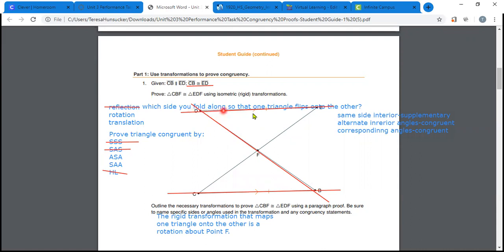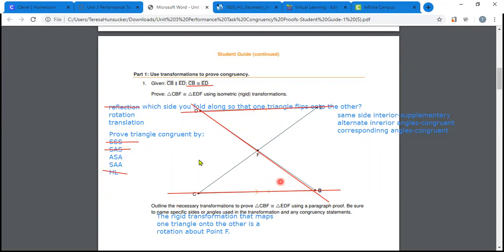Remember I talked about the parallel lines, DE and CB, being the hamburger top and bottom of the bun. Everything in here is your burger, your lettuce, your tomato, all that good stuff, your cheese. So this is the interior. So same side interior would be angles on the same, on the right side of the interior, like these two here, or these two here, okay?